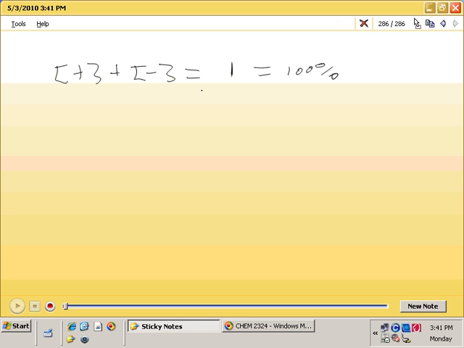Now that means, and here I'm moving my pen so it did strange things, that I can rewrite my enantiomeric excess as being equal to plus minus, as being equal to that.